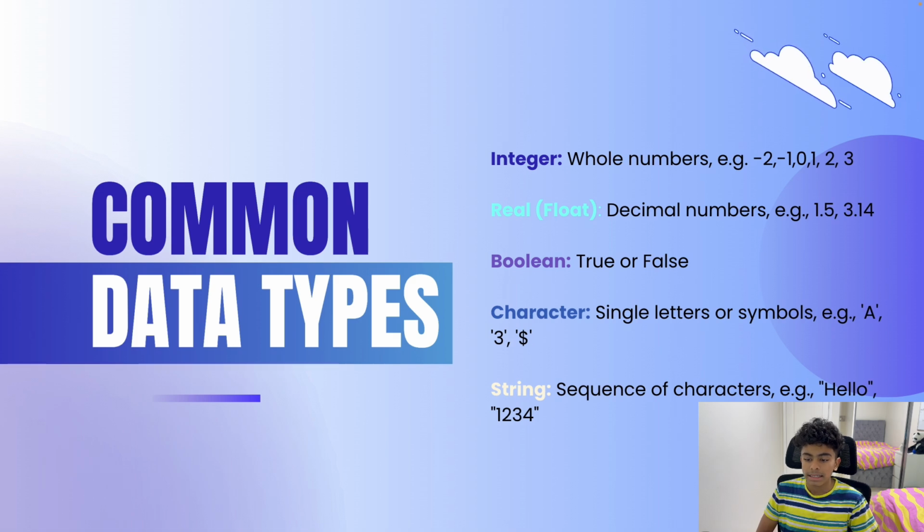Because it's just considered to be a symbol at that stage. So you can't perform arithmetic on it. So you can't just say an integer plus a character. You'll just get an error.